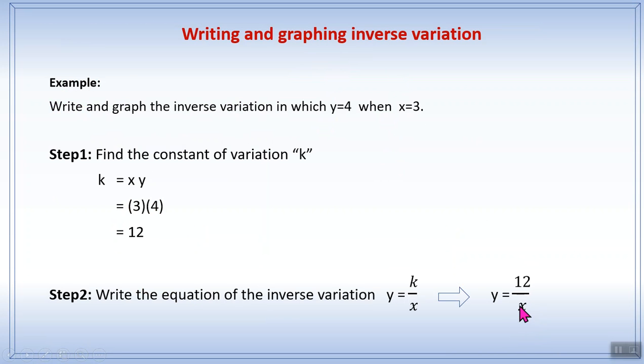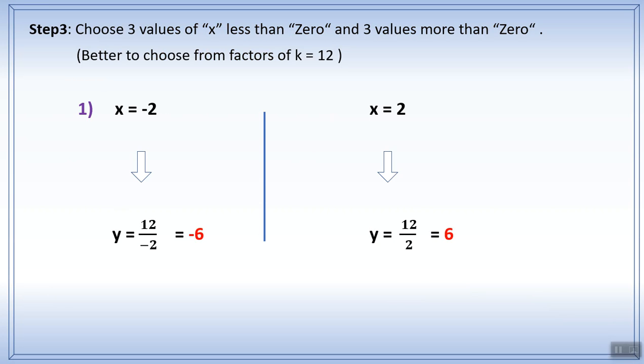So if you choose a factor of 12, it will give us a whole number and not a fraction, so we can graph it. Okay, so we choose here x is equal to negative 2 and x is equal to 2. This is less than 0 and this is more than 0. Your question is, do I have to take the same numbers but different signs? No, you don't have to. But here, in order to make it more organized, we took 2 values. One is negative, less than 0, and the other is positive, which is greater than 0.